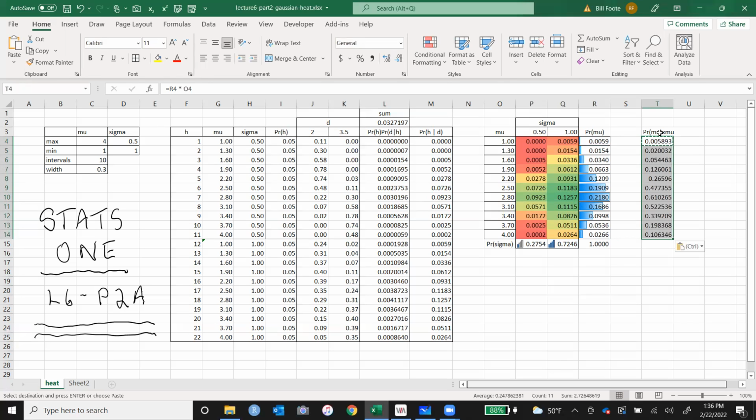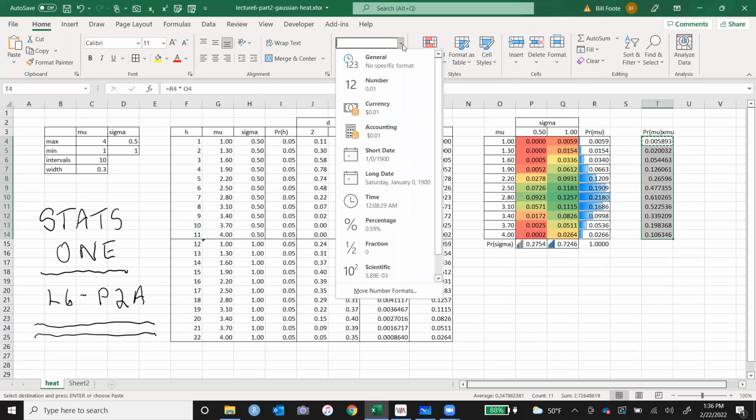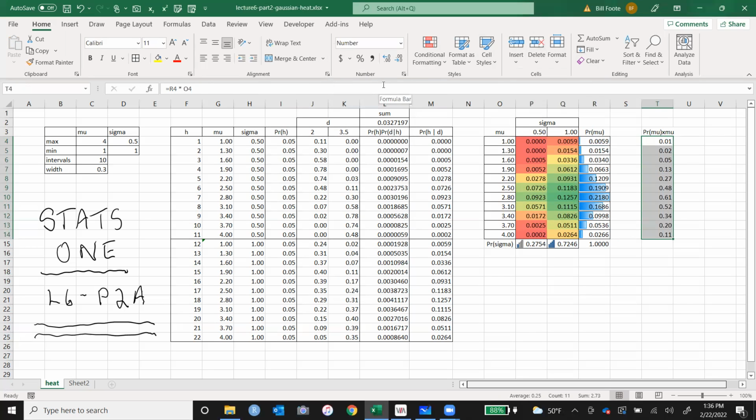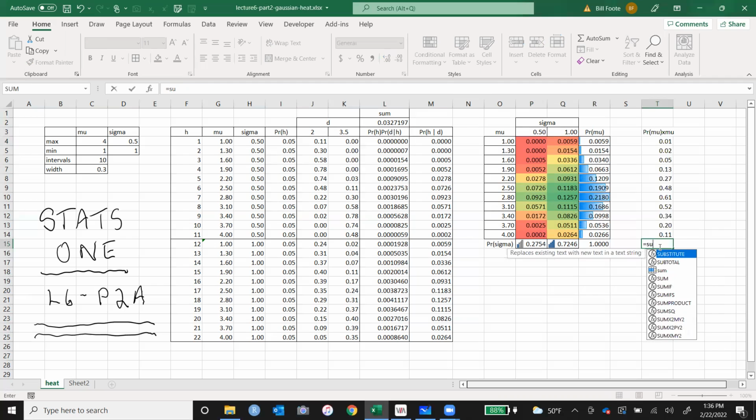And just copy this all the way down. Much higher contributions in the middle. Let's make these numbers a little bit easier to see. And now what we need to do is add them up. Use sum to do the adding.